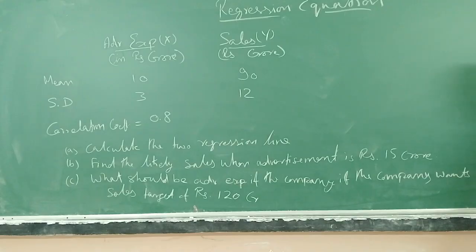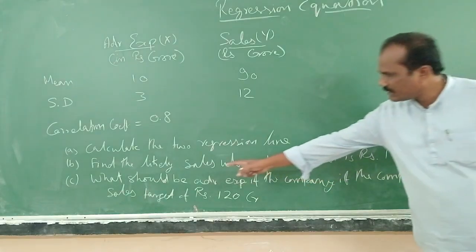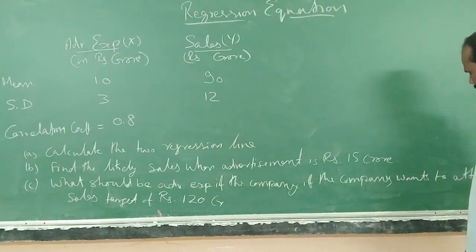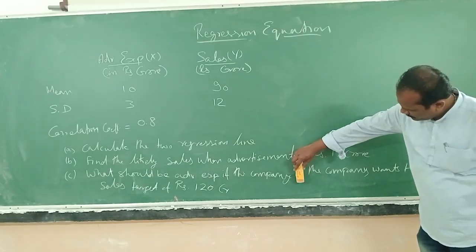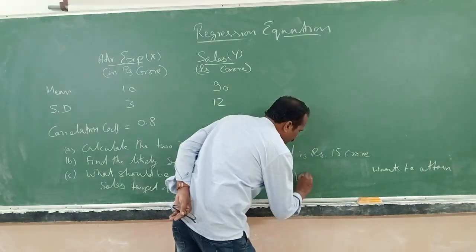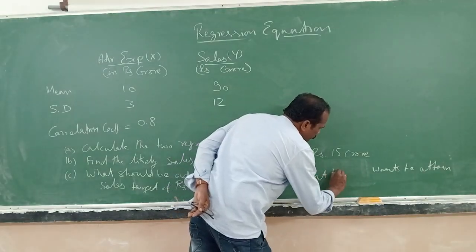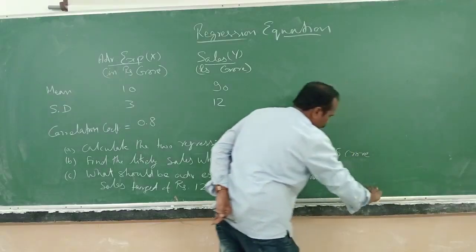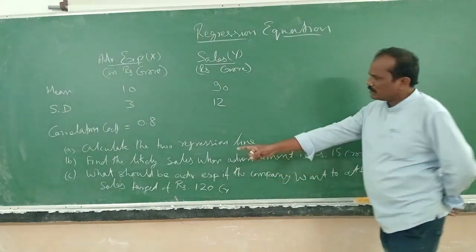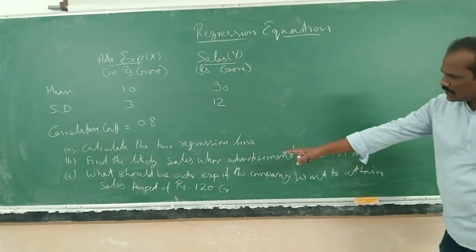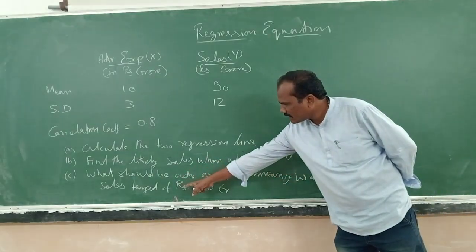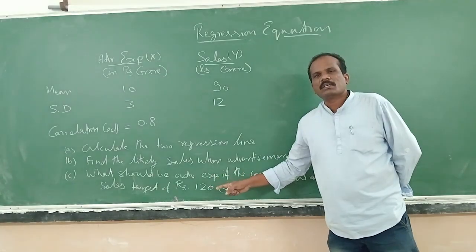And the third question is: what should be the advertisement expenditure if the company wants to attain the sales target of rupees 120 crores?